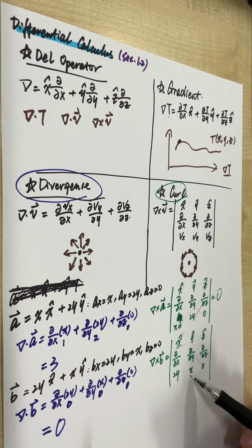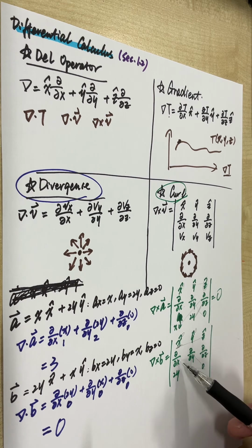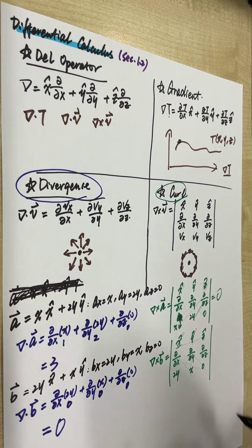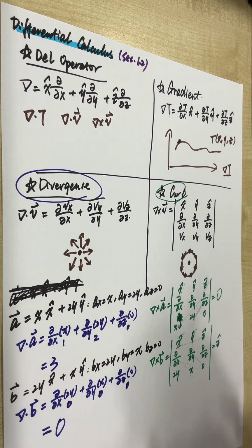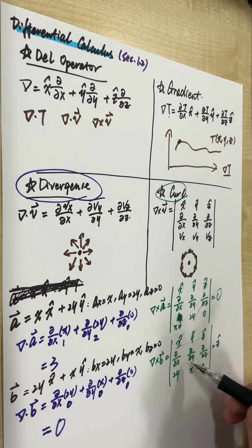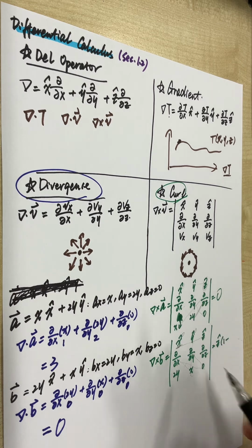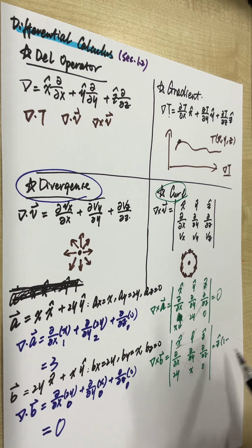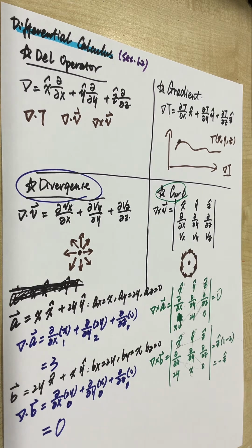In the y direction, we have 0, and x is not a function of z, so we have 0 here. But in the z direction, we have values. d/dx of x just gives us 1, and then d(2y)/dy gives us 2. So this equals minus z direction.